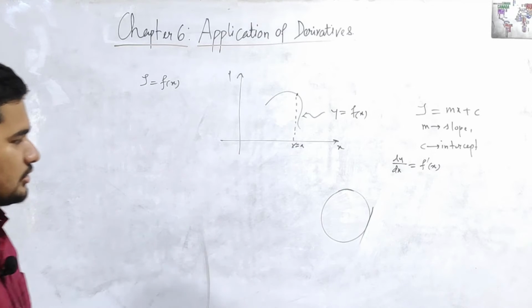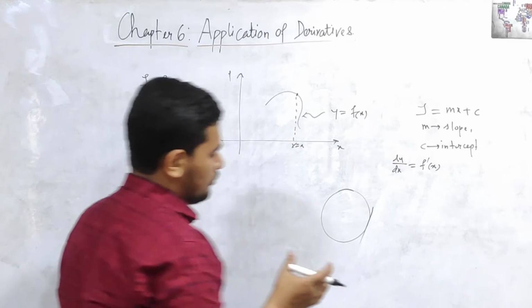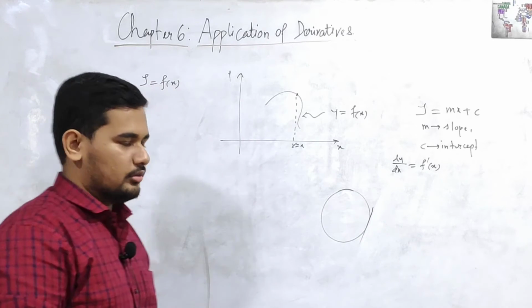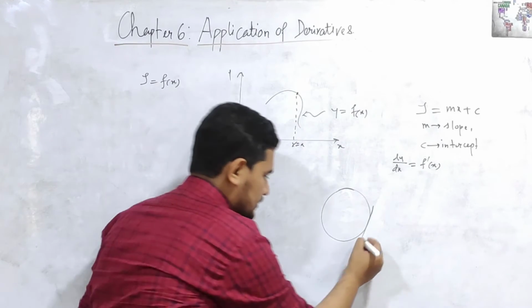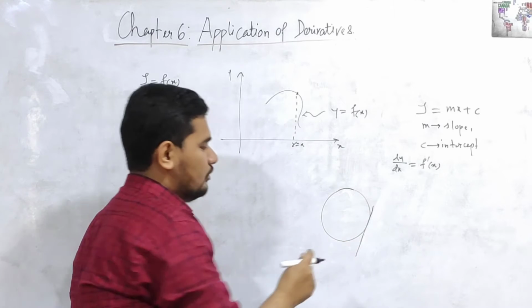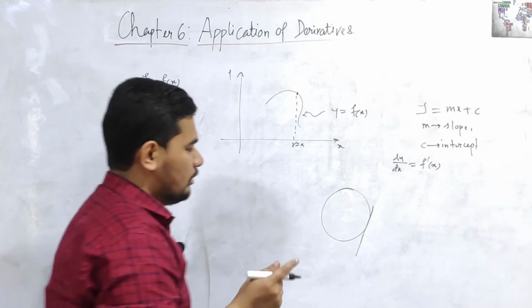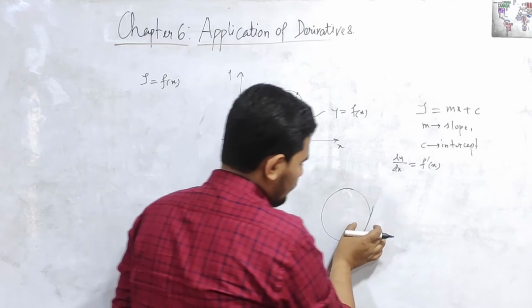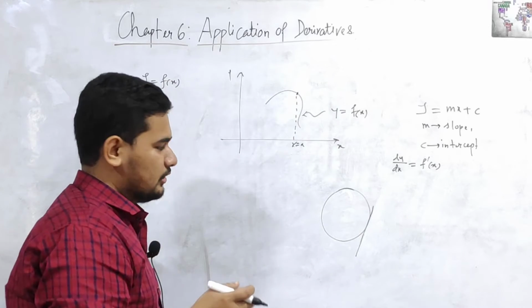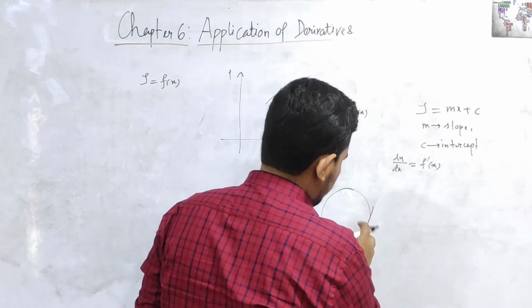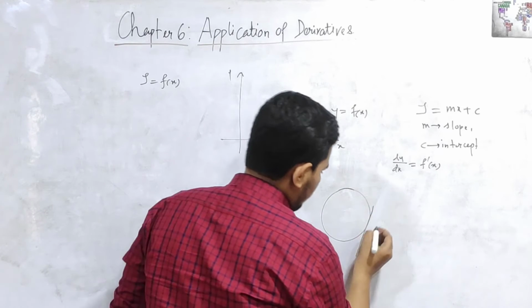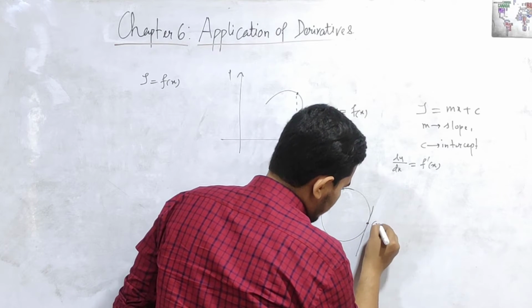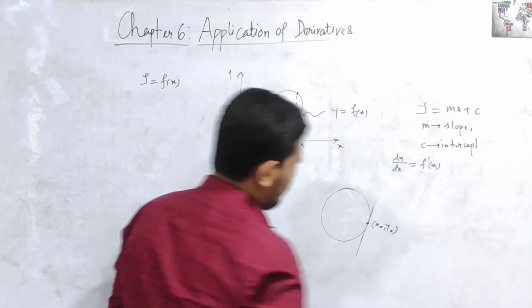The basic definition of a tangent is that when we draw a tangent at any point on any curve, this line and this curve will intersect at only one point. By my diagram you may have a misconception that it is cutting at many points, but it is not like that. It cuts at only one point, and let's suppose this point is x naught, y naught.